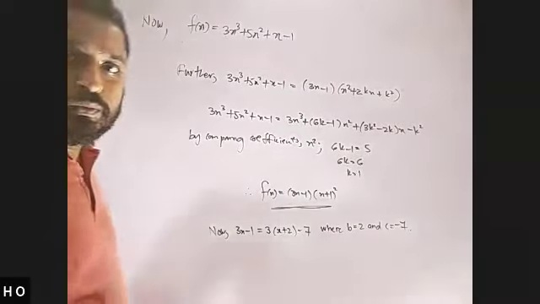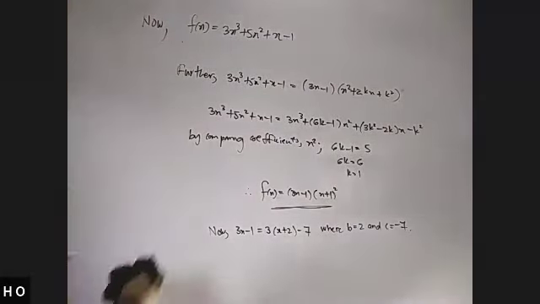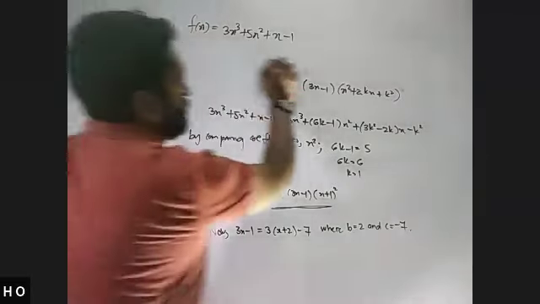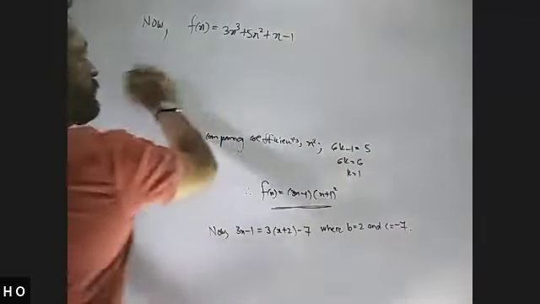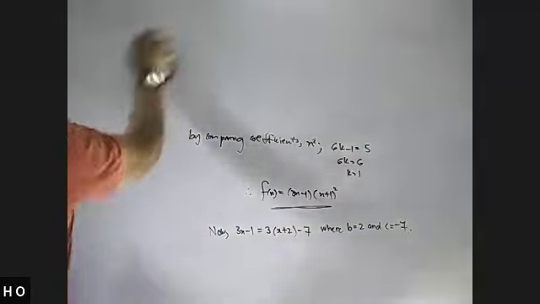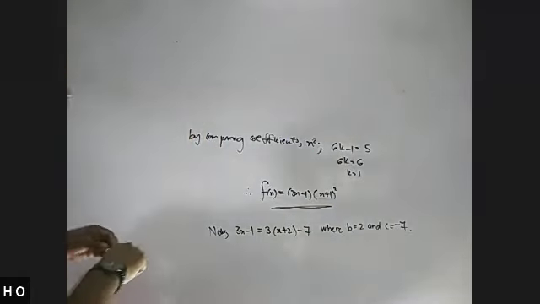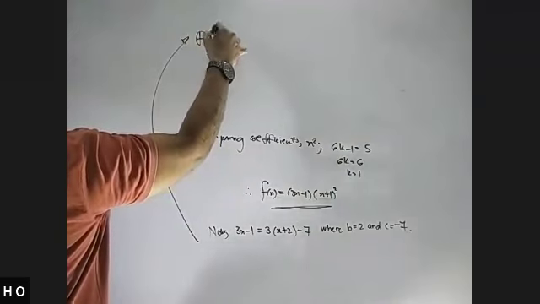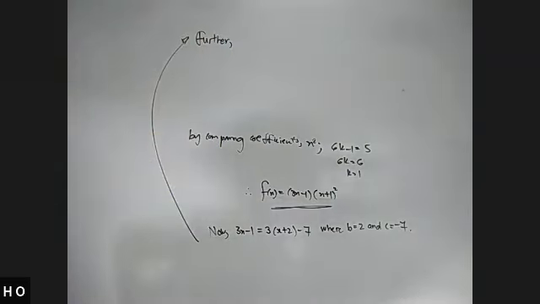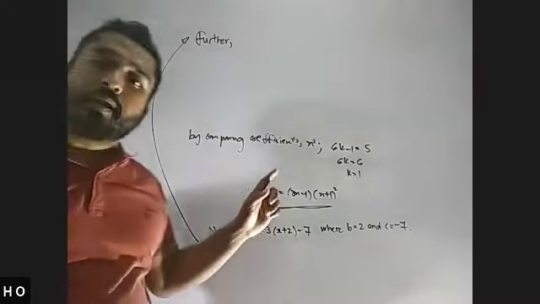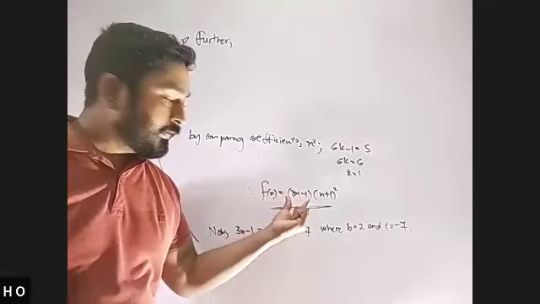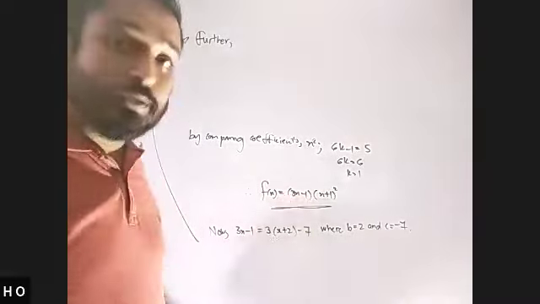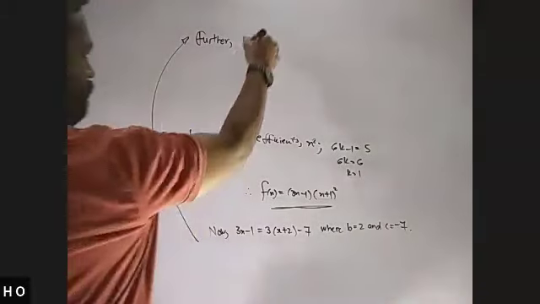All right, so now how to derive? This is how you have to derive that. After that, you have to say further, by writing down 3x minus 1 in the above expression, you have to change the form of 3x minus 1 accordingly.